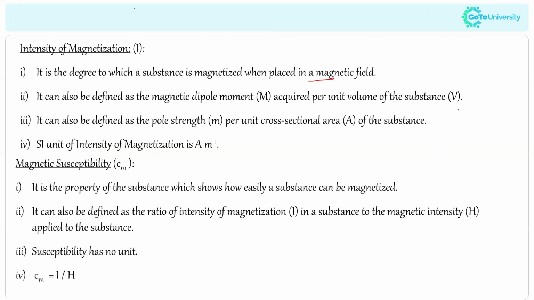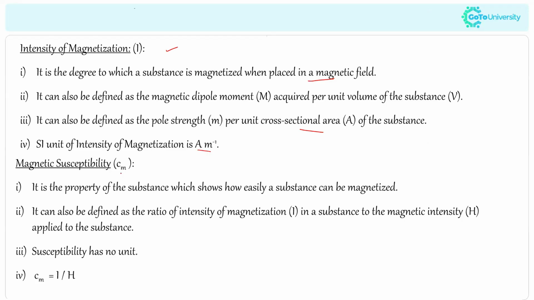It can also be defined as the magnetic dipole moment acquired per unit volume of a substance, and as the pole strength per unit cross-sectional area. The unit here is ampere per meter. So this is all about the intensity of magnetization.